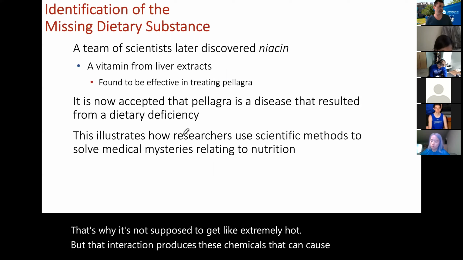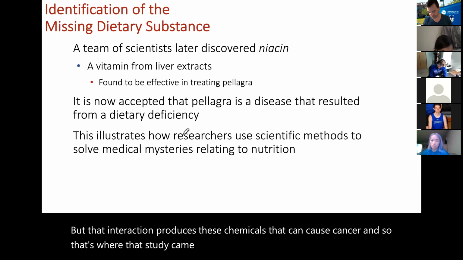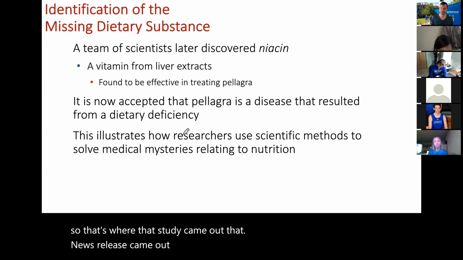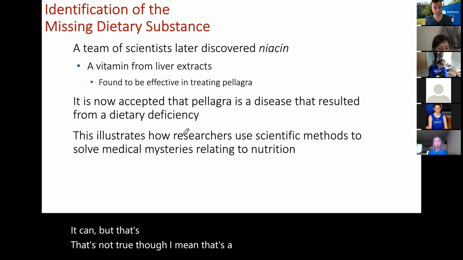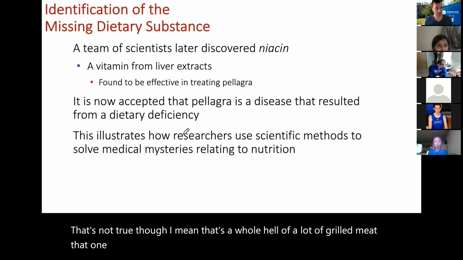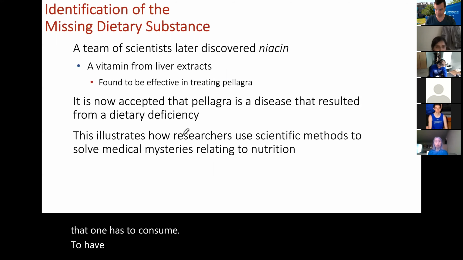And so that's where that study came out, that news release came out that grilling causes cancer. It can, but that's not true. I mean, that's a whole hell of a lot of grilled meat that one has to consume to have a direct cause with grilling causing cancer.